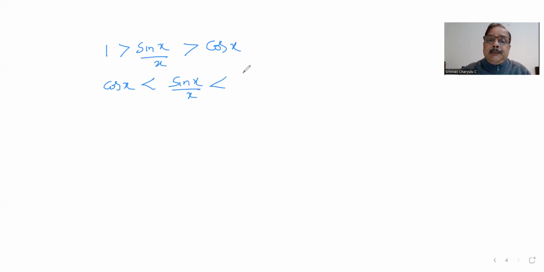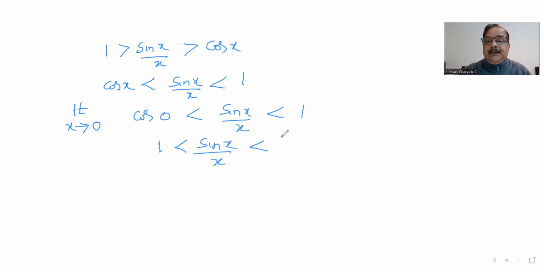What is number 1? Now we'll put limit X tends to 0. What are you getting now? Cos 0 less than sin X by X less than 1. Cos 0 value is 1. What does it mean? As you are tending limit X to 0, sin X by X is tending to 1.